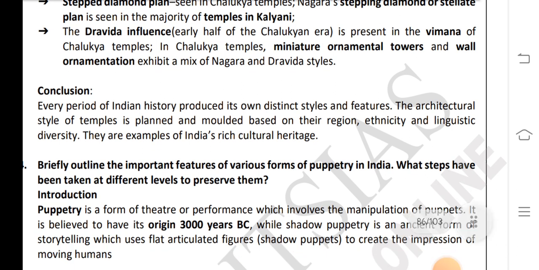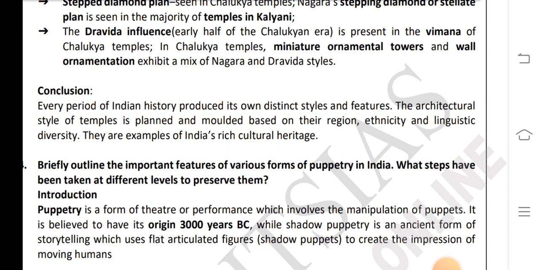Resemblance to the majority of temple pillars in Karnataka. Stepped diamond plans are seen in Chalukya temples; Nagara stepping, diamonds or satellite plans are seen in the majority of temples in Kalyani.